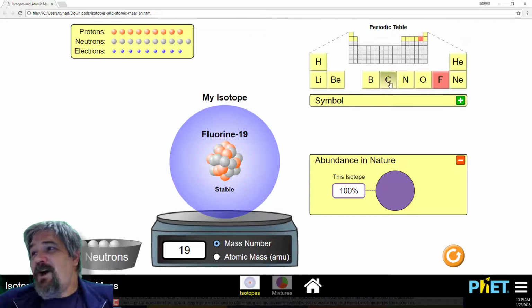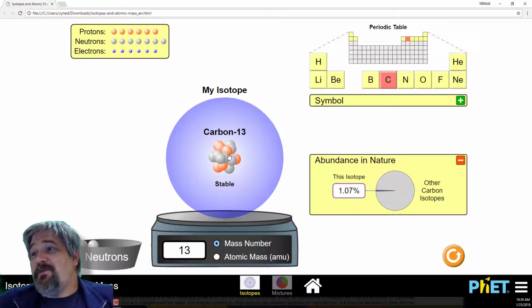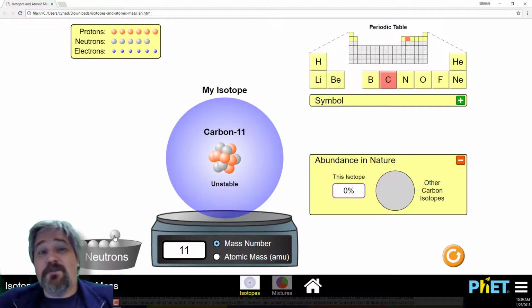So for example, if we go to carbon and we have carbon-12, 6 protons, 6 neutrons, that is stable. If we add a neutron, it is carbon-13, which is also stable. But if we add one more, it becomes unstable. So we can take those back out. Carbon-12. Can we take neutrons out?